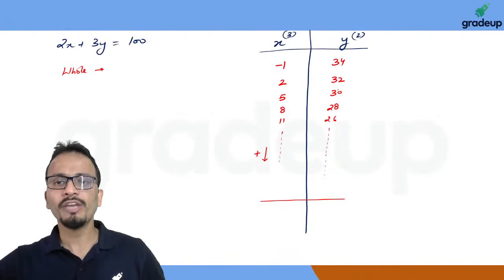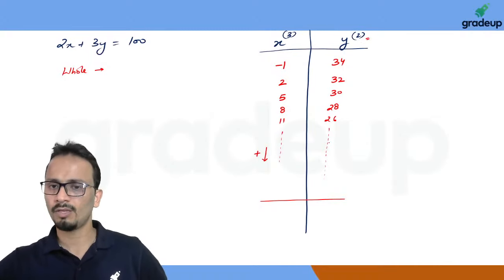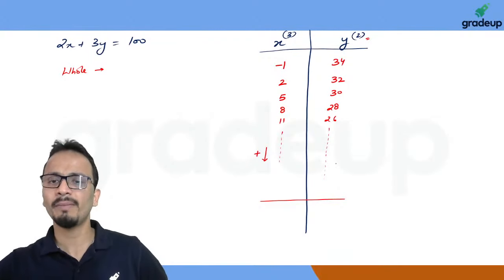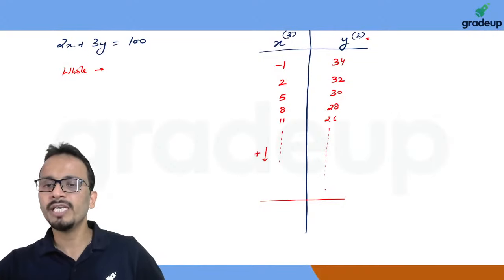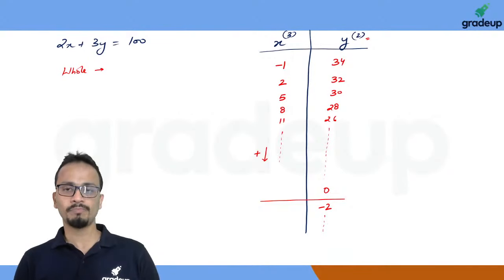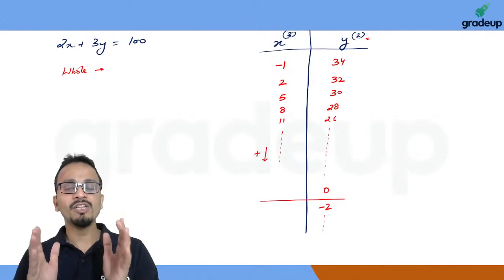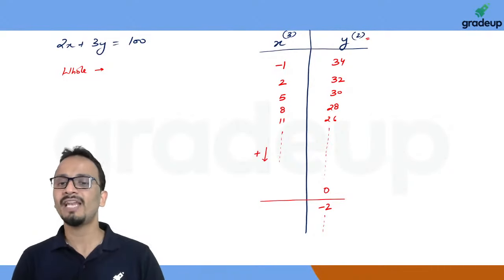So if I keep on decreasing the value of y, in this case by 2, then it will certainly become 0, and then it will become minus 2 at the next step. This is where I have to stop, because since I'm looking at whole number solutions, I will not be considering the negative values of y.